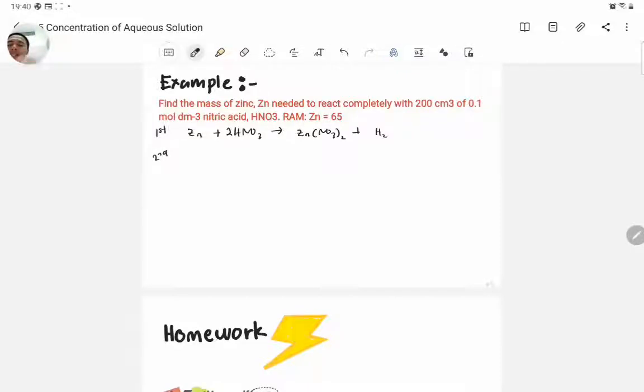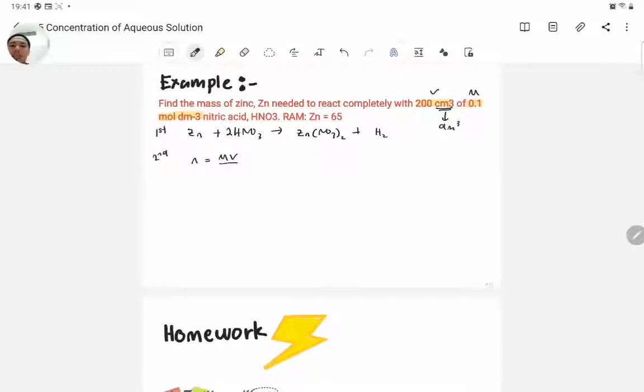The second step is we need to find number of mole from the quantity given. Here we have 200 centimeter cube of 0.1 mole dm cube of nitric acid. Since we have volume and also molarity, what we need to find is the number of mole. N equal to MV, and you need to remember this one is centimeter cube, so you need to convert to dm cube first.